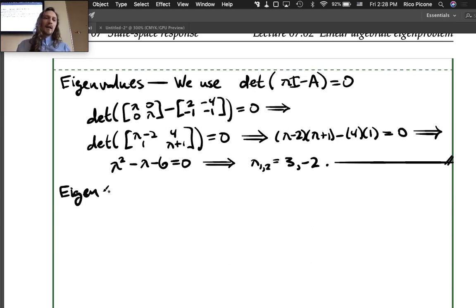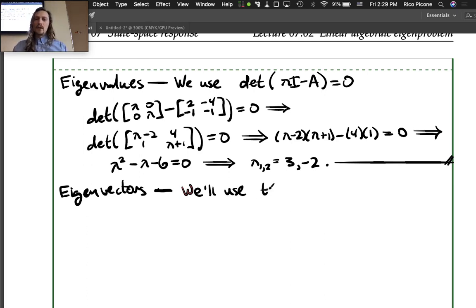And eigenvectors. So maybe. We'll see if we can do eigenvectors. Probably. We'll just do that. Eigenvectors, we'll use one of the formulas we came up with earlier in the lecture.